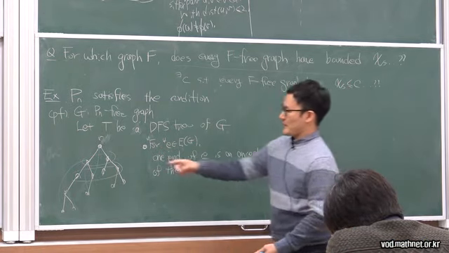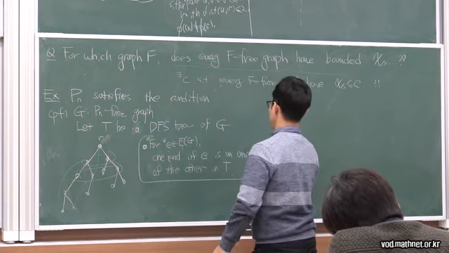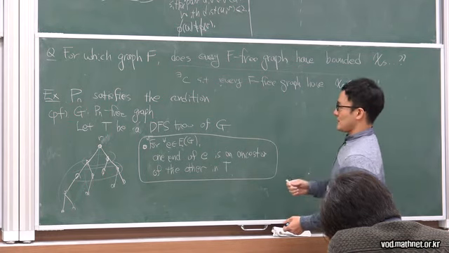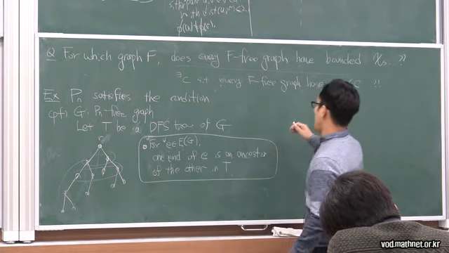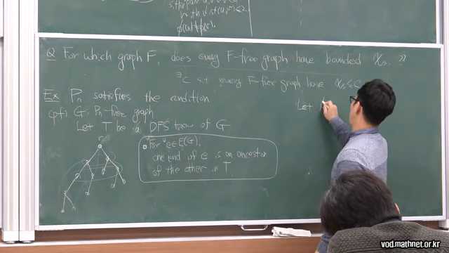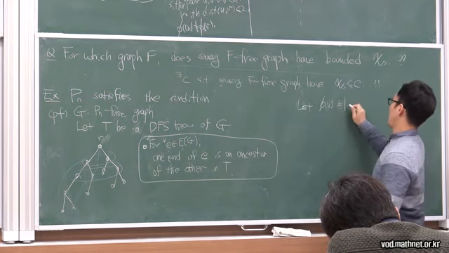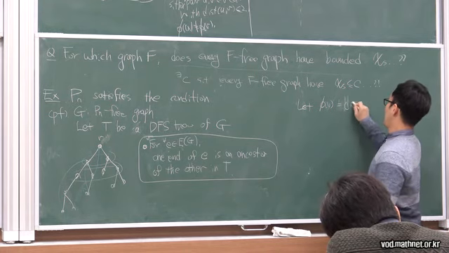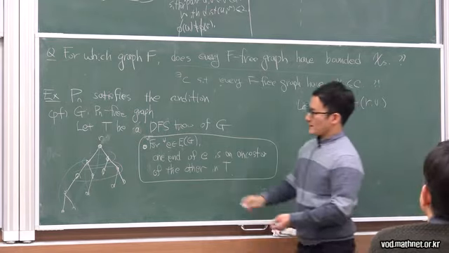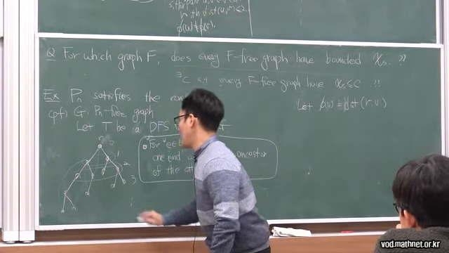So those are the only possible edges. Now just color vertices by level, the distance from R. Let phi of V be the level, so the distance from R to V. So we color the vertices 0, 1, 2, 3, and so on.